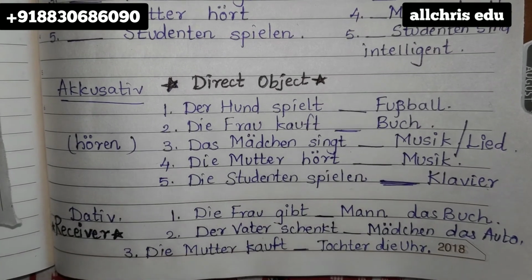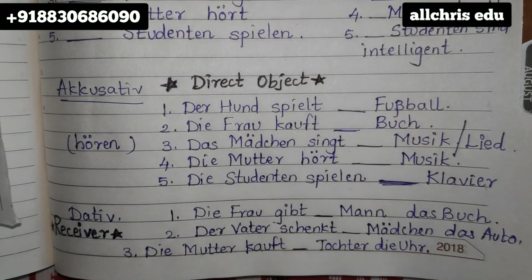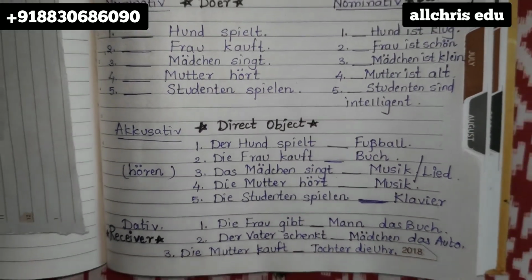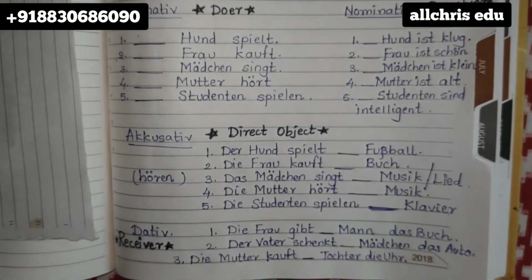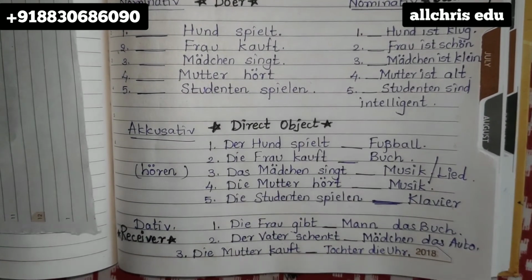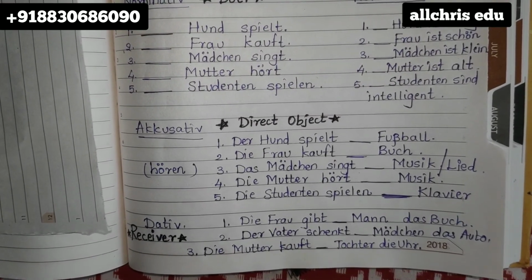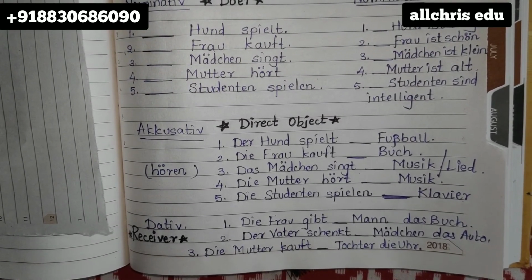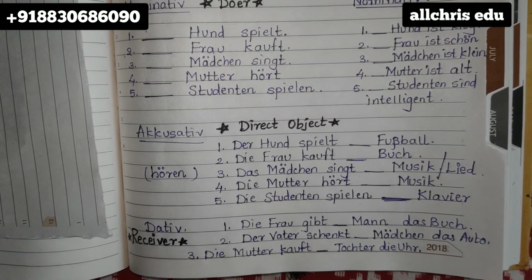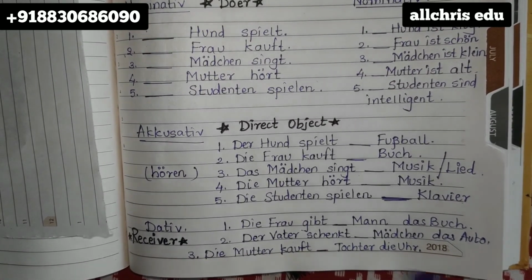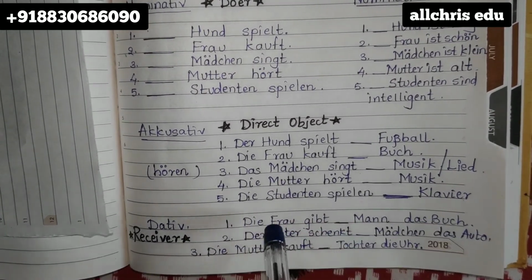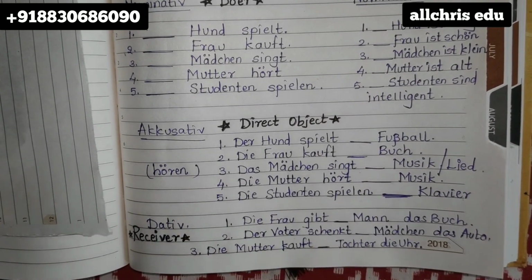So it is dative. So nominative means doer. Accusative means the one on whom we do action, and dative means receiver. Never say the whole sentence is nominative. In this sentence, Frau is a doer, so it is nominative.